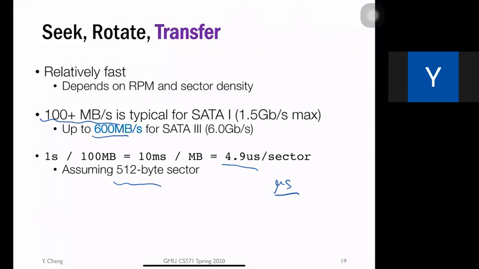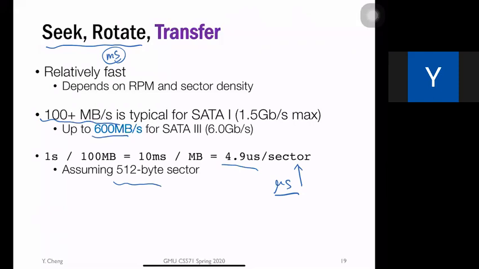Like before, seek and rotation, we're talking about millisecond level latency. And here, if you were talking about reading 1 sector worth of data out from disk, it only takes microseconds, okay?